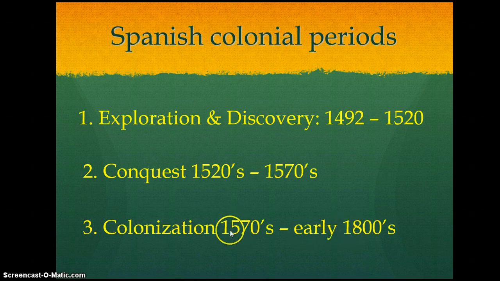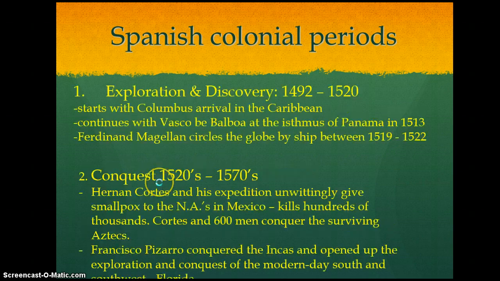So the end of the Spanish colonial period kind of intercedes with American expansion in the early 1800s. So that's an interesting part of U.S. history that we'll explore later. But for now, we're going to take a look at the very early periods of Spanish exploration.